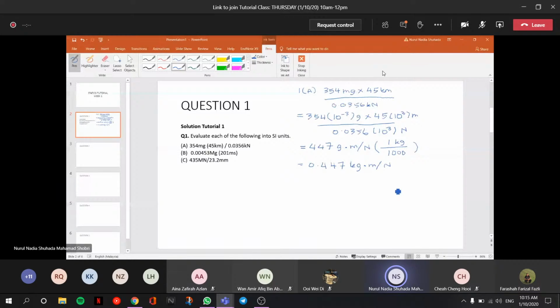No need, because if you guys can refer to your books, it states that SI unit is meter for length, second for time, kg for mass, and newton for force. So force, newton is already considered as SI unit. So you guys no need to change. Okay, thank you, Miss. Okay.